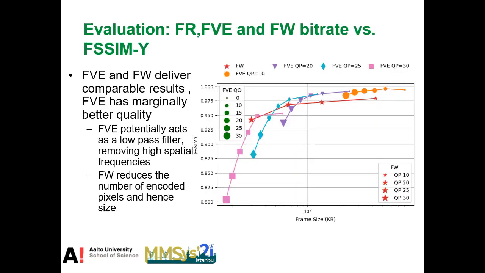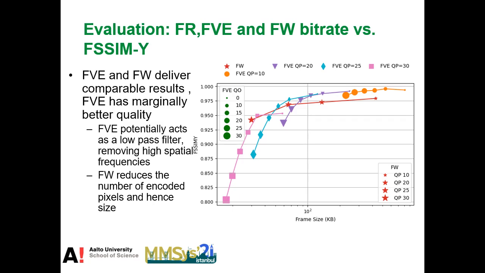Next, we compare the bit rates of foveated rendering, foveated video encoding, and foveated warping with respect to their corresponding foveated SSIMs. Foveated video encoding with quantization offset equal to 0 is equal to foveated rendering with normal encoding.